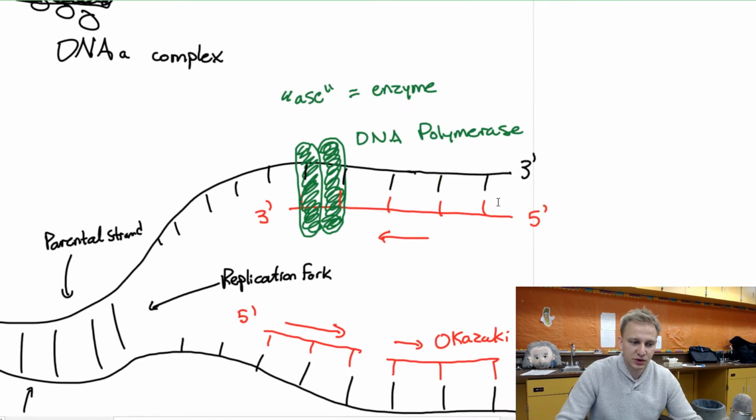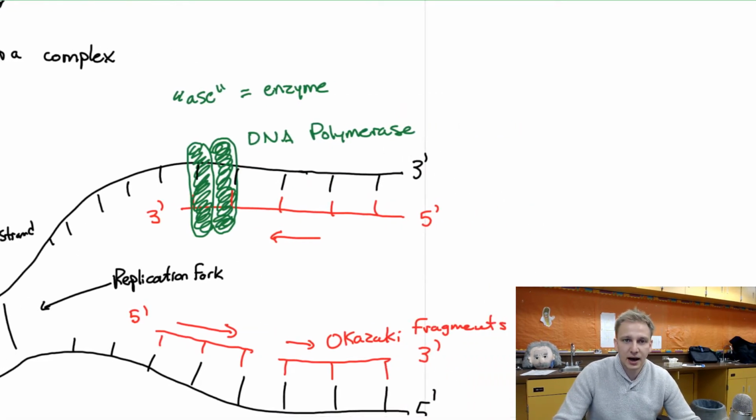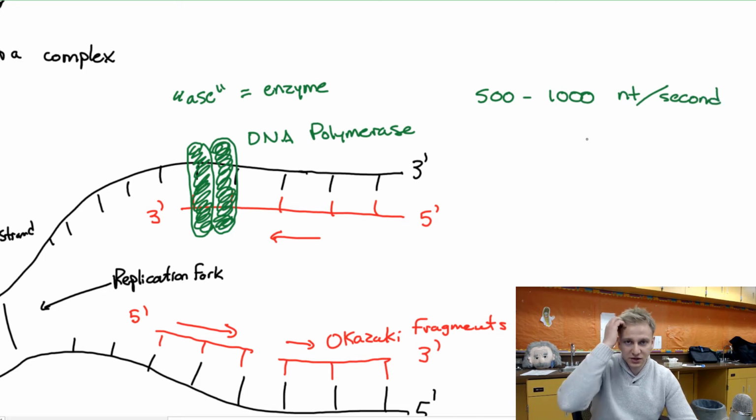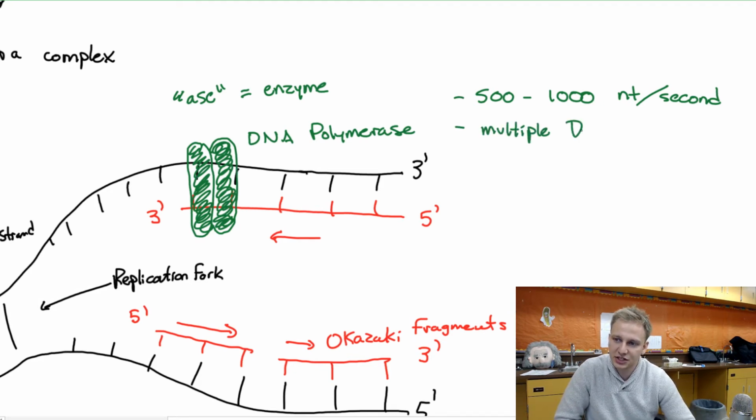DNA polymerase works extremely fast. It's been researched somewhere between 500 and 1,000 nucleotides per second. And one of the unique things that DNA polymerase will also do is that it will have multiple DNA replications happening at once.